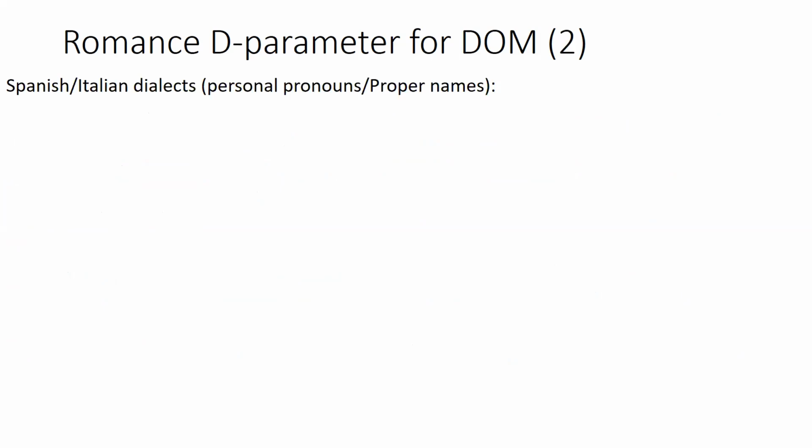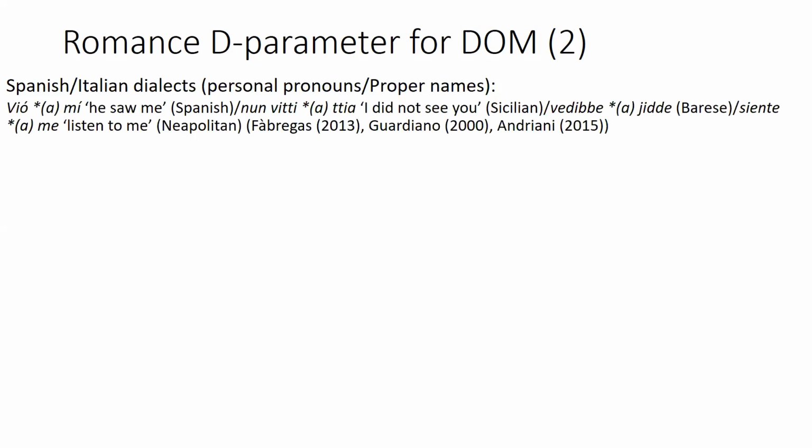And also, in both Spanish and Italian dialects, it's been noted widely that personal pronouns and proper names tend to be very heavily marked by a, because a here is obligatory. You cannot ever drop a. So, for example, in Spanish, veo a mí.